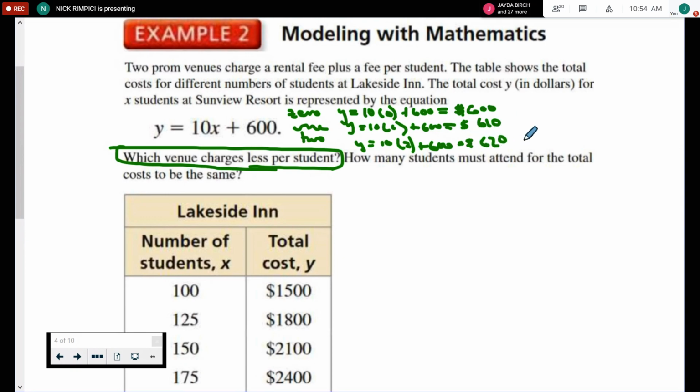You can clearly see the price is increasing by $10. For every additional student that shows, the price is going to increase by $10. So it appears the per student price, the cost per student, is 10 bucks.